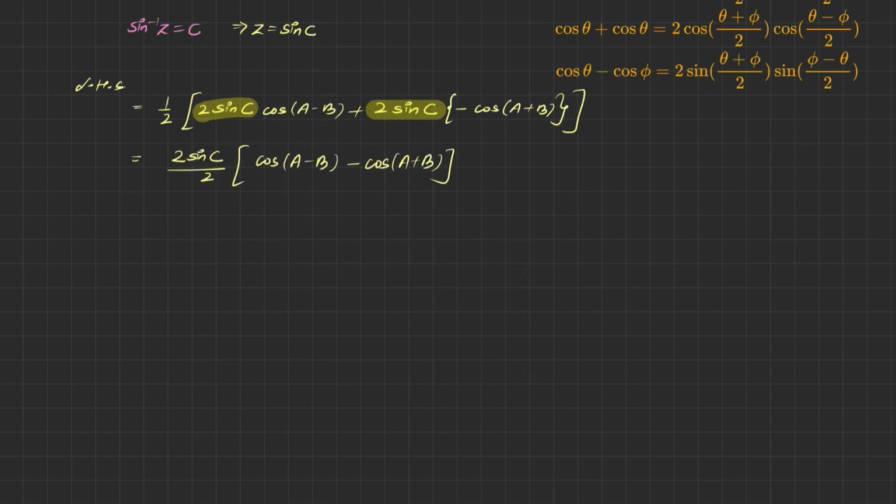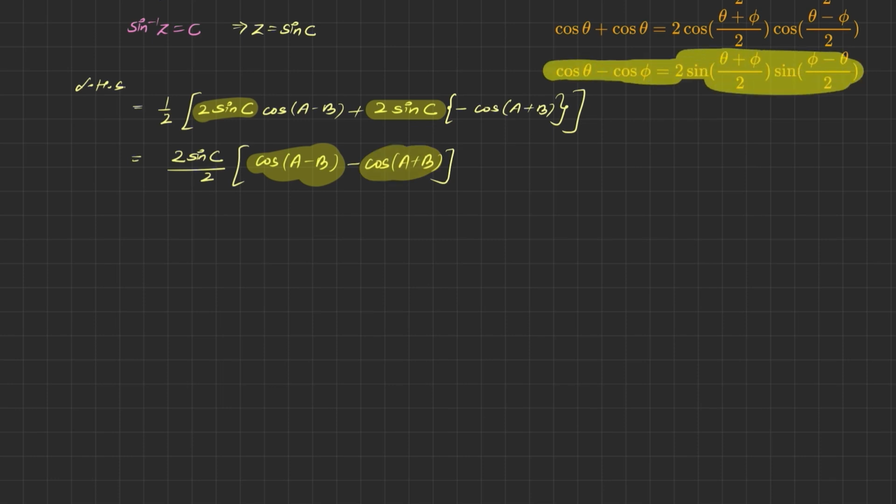So now here this is in the form of cos theta minus cos phi. So I'll be using this relation cos theta minus cos phi here. So here 2 and 2 get cancelled, so it will be only sine c. So here it will be 2 sine theta plus phi over 2 sine phi minus theta over 2.